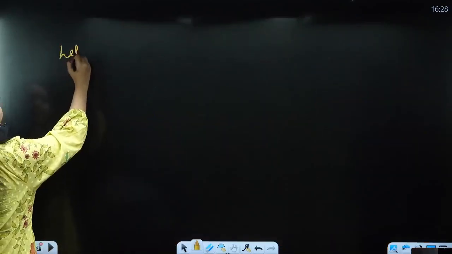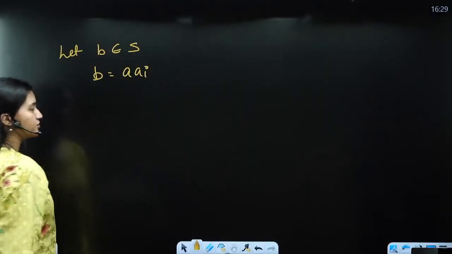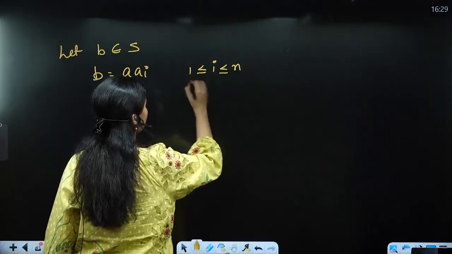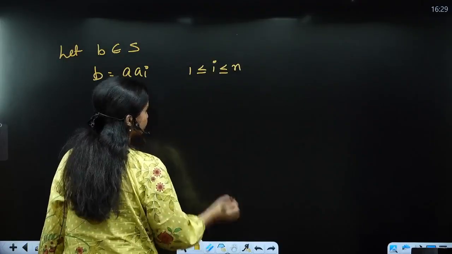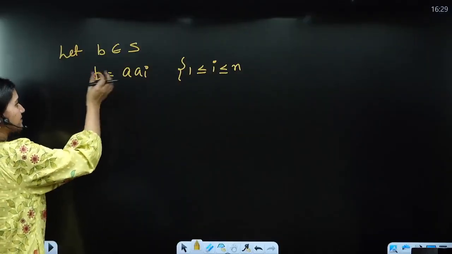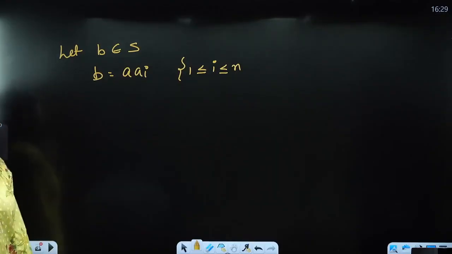Now let b belong to S, b equals a_i, so it is going to be of the form a_i, where i lies between 1 and n. This means that b has a solution, that is a_i, for all the values of i.